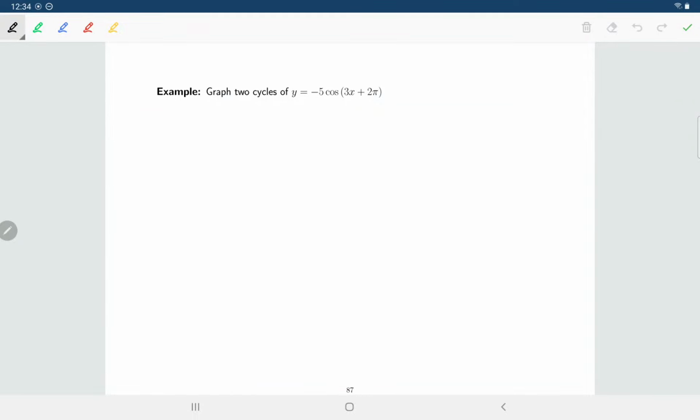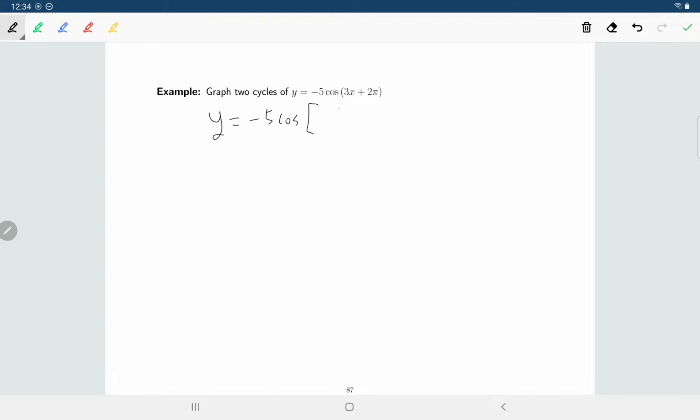Welcome back. In the next part of this lecture, we're just going to do some more examples of graphing transformed sine and cosine functions. So we'll have a function here, y equals negative 5 cosine of 3x plus 2 pi. The first thing that I'm going to do is just rewrite this by factoring out the 3.